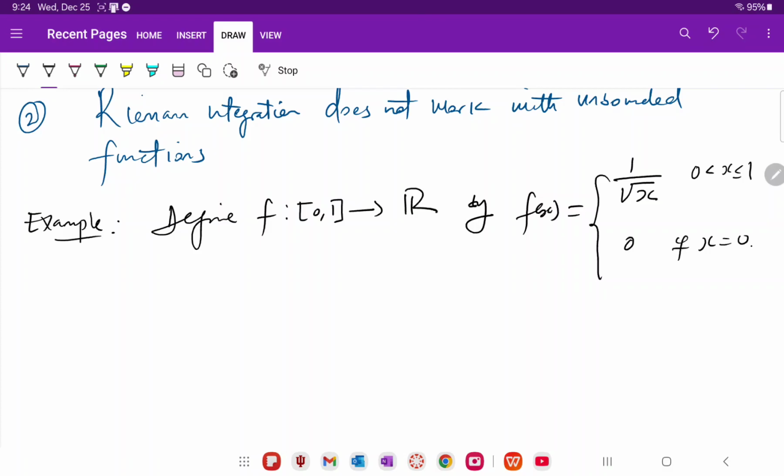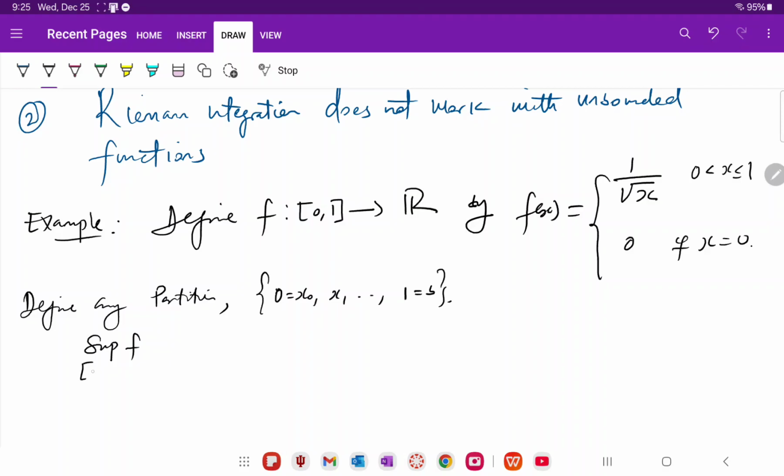So for this also, if you define any partition 0 equals x0, x1, up to xn, which should be 1, that will be equal to P. So if you pick the first sub-interval, the supremum over the first interval [x0, x1] will be infinity, that is unbounded.